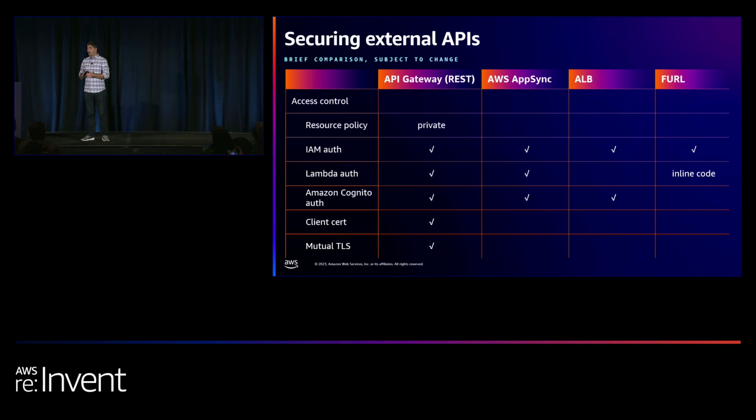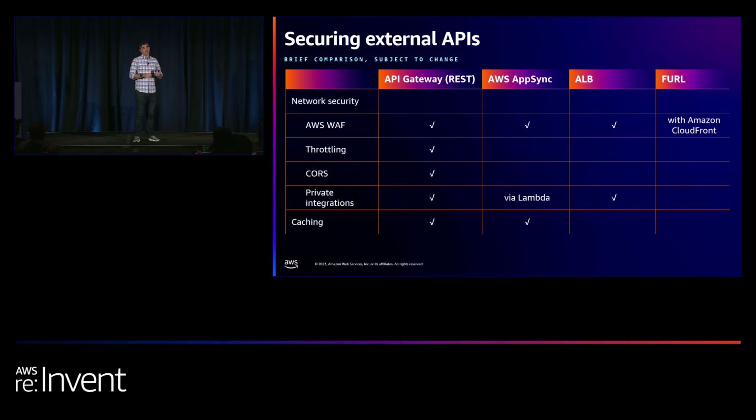But API Gateway also supports options like mutual TLS, which is very popular for service-to-service type authorization. And of course, because our service teams are so busy leading up to re:Invent, they managed to make this slide a little bit outdated. The load balancer team also released mutual TLS on Sunday.